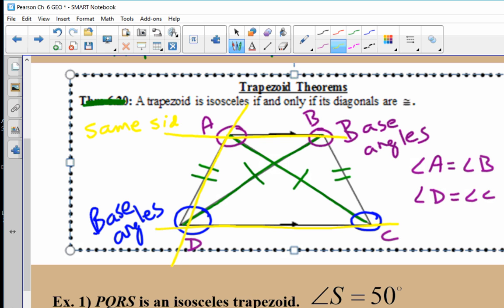So a lot of stuff comes from an isosceles trapezoid. So, a bunch of notes that you need to keep for yourself. And just to make sure we understand this, with this last rule that comes from this, I could say that angle A plus angle D equals 180. And I could say that over on the other side.